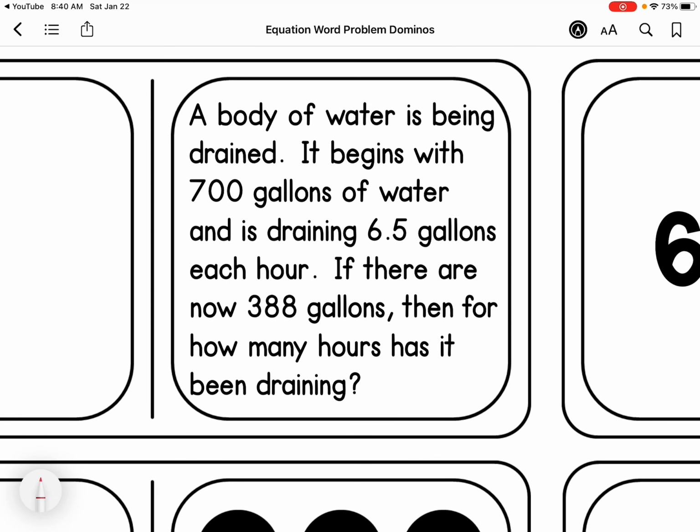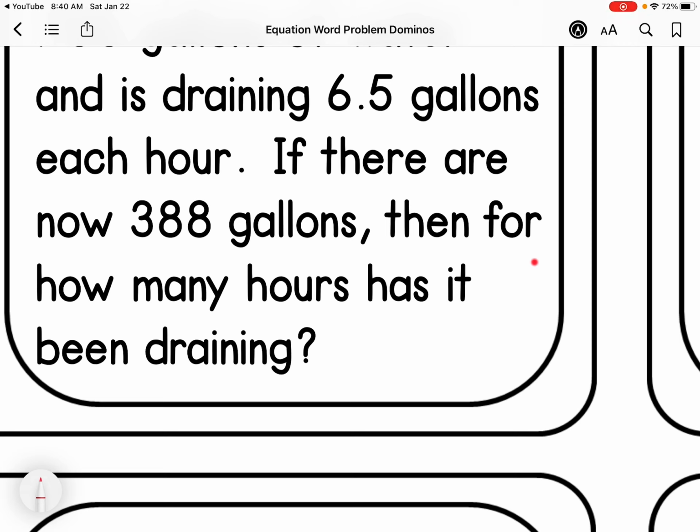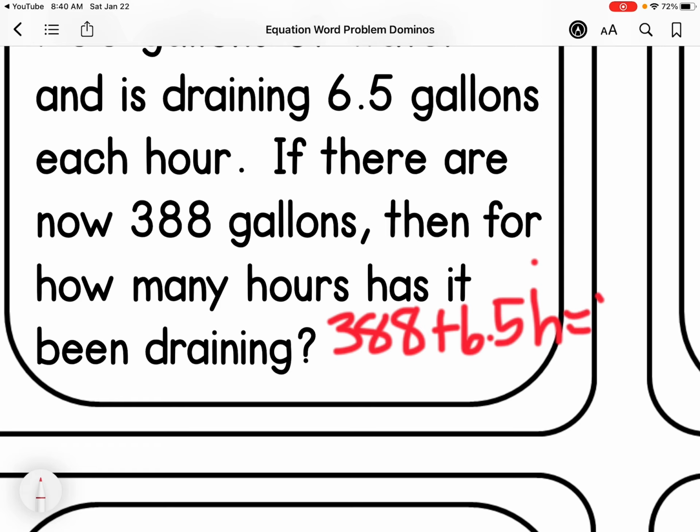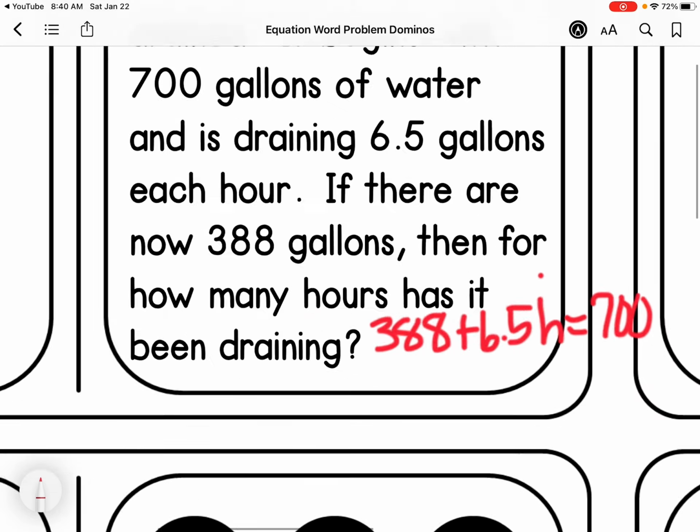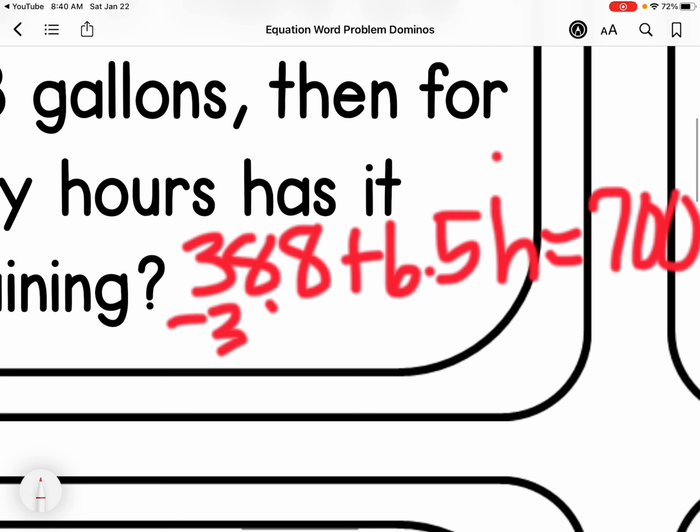All right, a body of water is being drained. It begins with 700 gallons of water, and it's being drained 6.5 gallons each hour. If there are now 388 gallons, then how many hours has it been draining? Okay, well, I have 388 plus 6.5H equals 700, right? Because there were 700 gallons. So I'm going to subtract off how much is left.